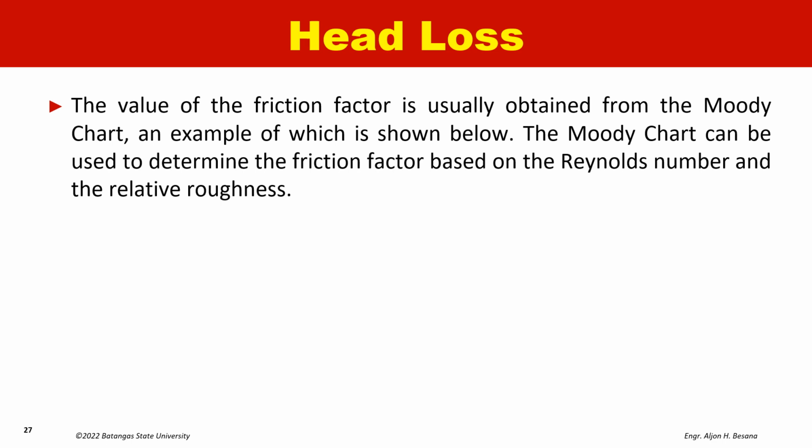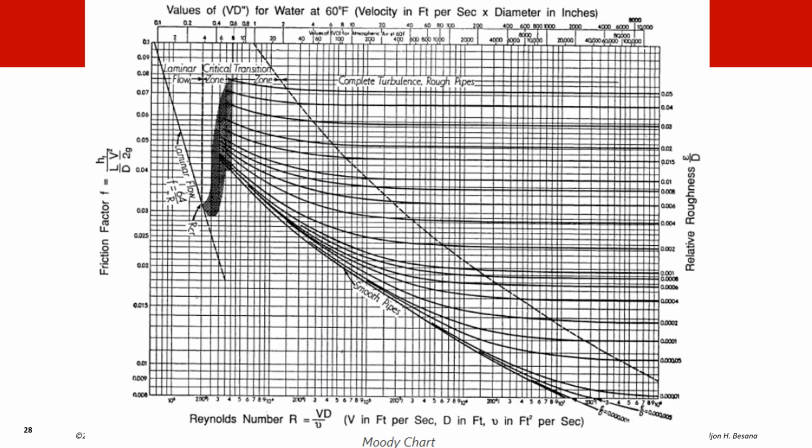The value of the friction factor is usually obtained from the Moody chart, an example of which is shown below. The Moody chart can be used to determine the friction factor based on Reynolds number and relative roughness. So this is our Moody chart. For this Moody chart, most of the time relative roughness is always given, so that could be already provided.